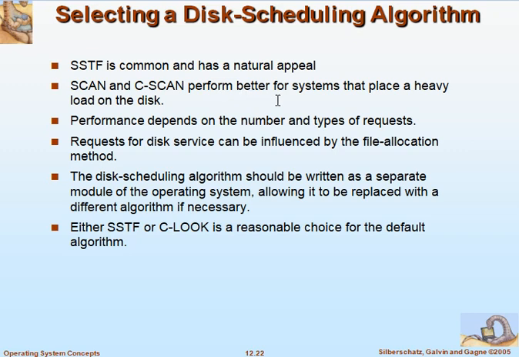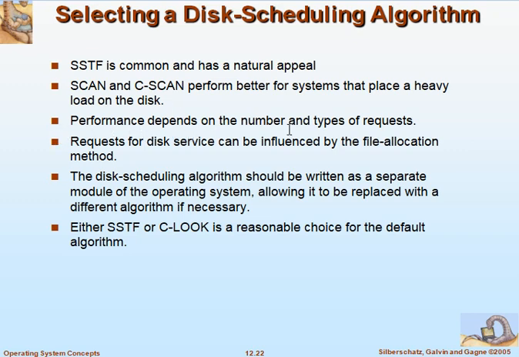C-SCAN performs better for systems that place a heavy load on the disk. If there is a heavy load, meaning there are a lot of I/O requests on the disk, then SCAN or C-SCAN will give better performance compared to the other ones.